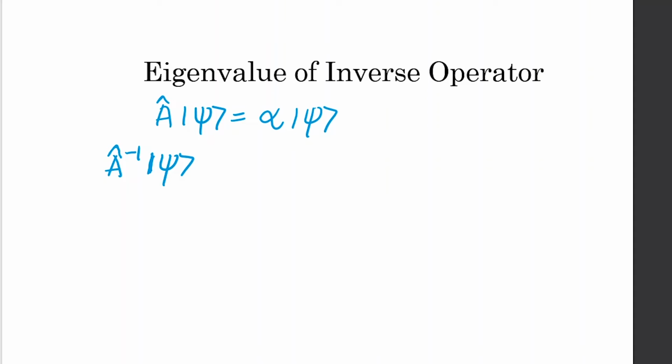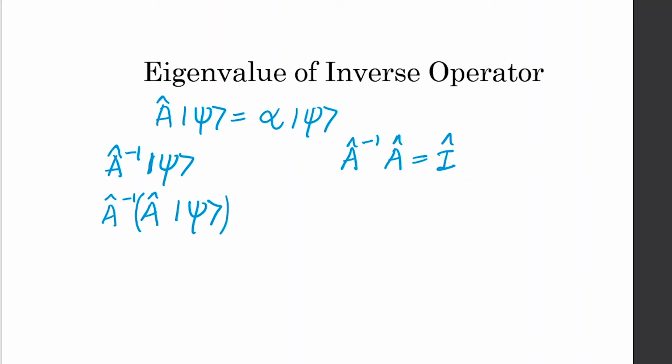Firstly, we have to make use of the inverse operator: A inverse into A is equal to the unitary operator. If we apply this on any eigenstate psi, first we operate A on psi.